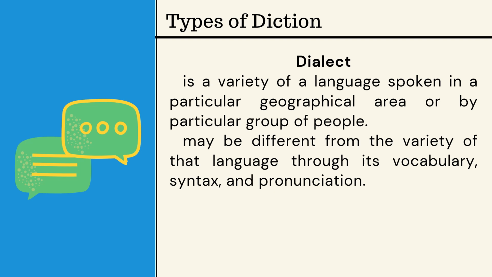Is Kapampangan a dialect or a language? If you're thinking it's a dialect, well, you have to think twice because it's a language. Why? Because there are some words in Filipino that have a completely different counterpart in Kapampangan. Okay, it's two different languages.